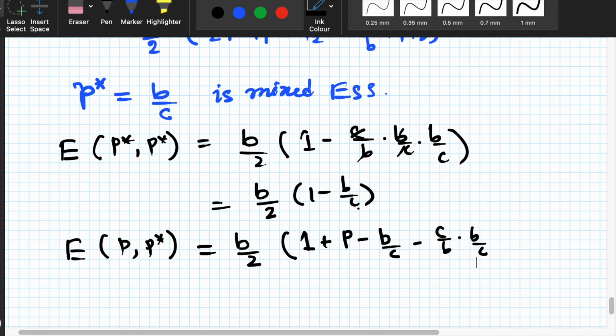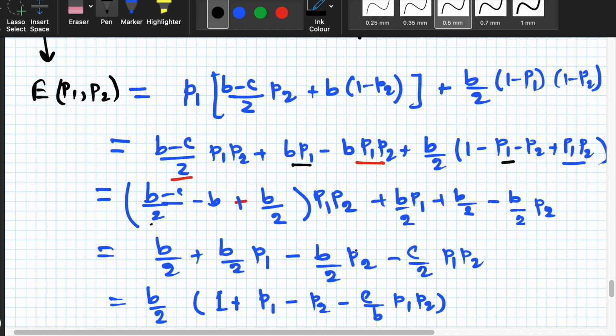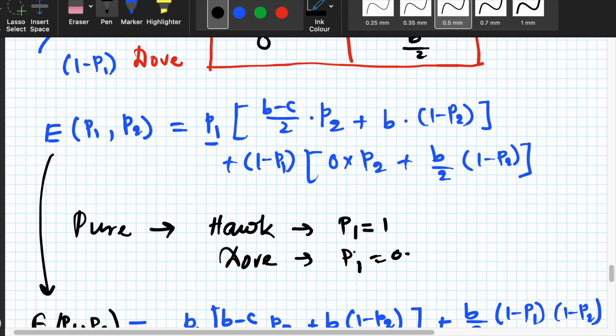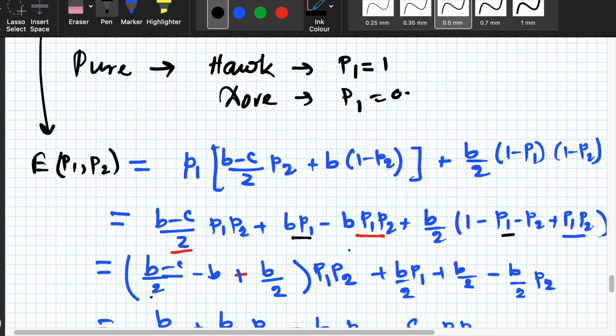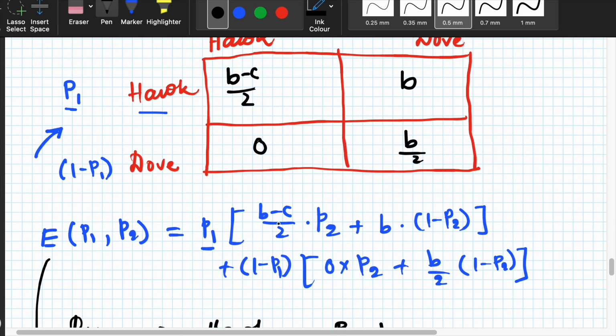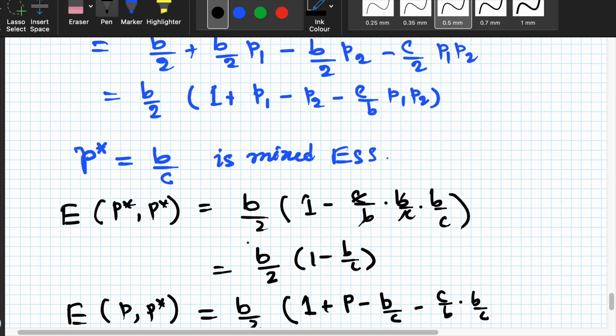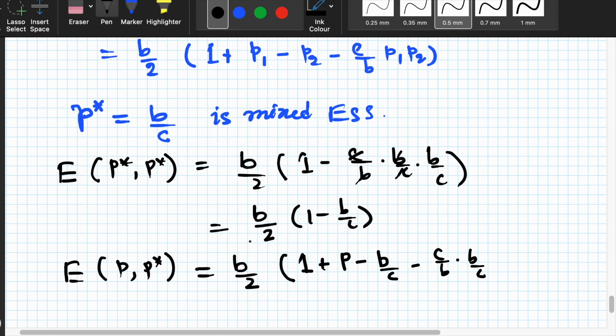Here I think if you write it, p star is 1 plus p1 minus p2. So when p is playing against p star, it will get 1 plus p1 minus p2.